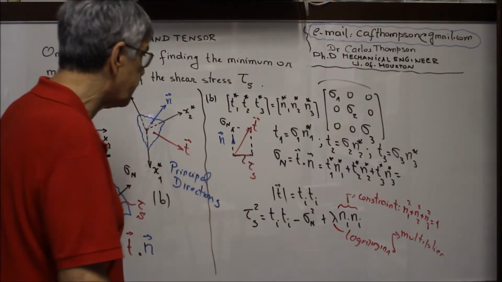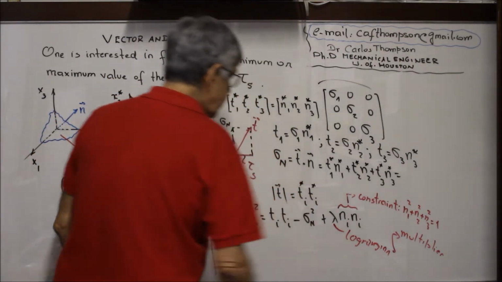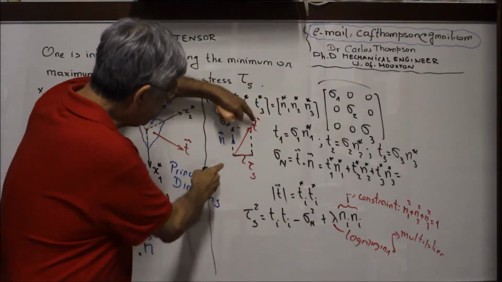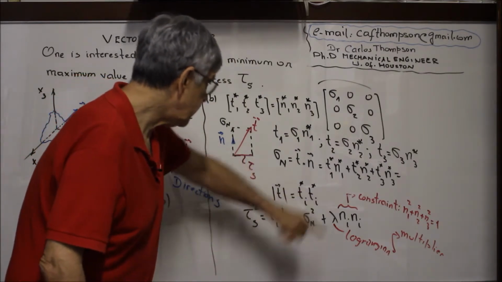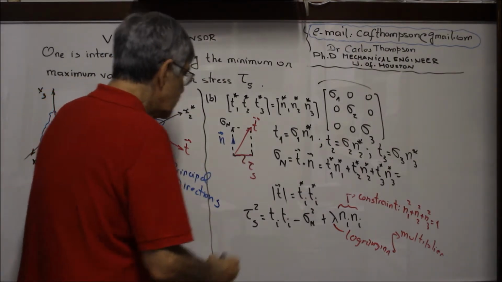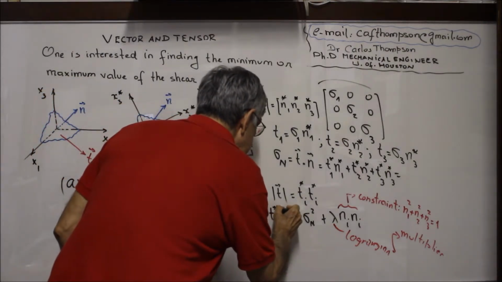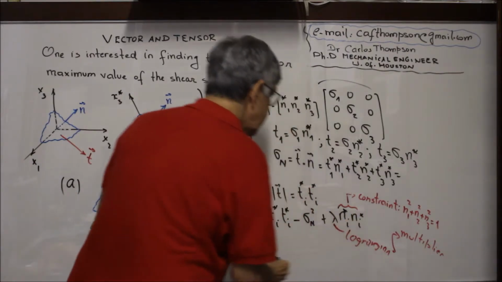The components are different. Here the magnitude of t is Ti, now using the new components with respect to the principal directions. So this will be like this, and this will be like this.